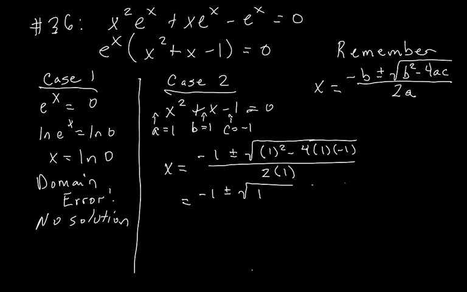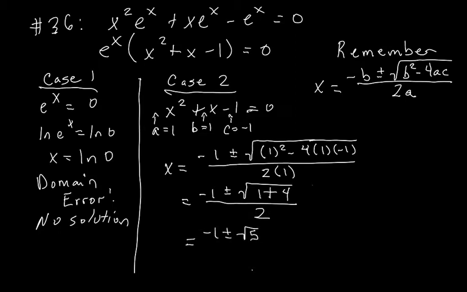We see that negative 4 times 1 is negative 4, times a negative 1 becomes a positive 4, all over 2 times 1, which is 2.